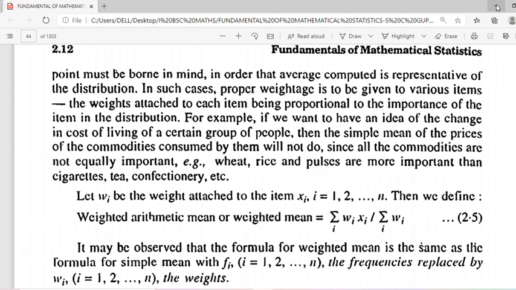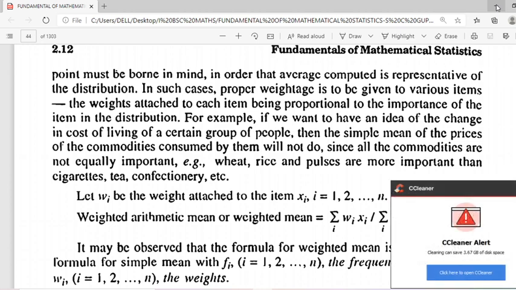When we calculate the index mark, we will assign extra weight for mathematics or statistics. That is a good example of calculating different measures by assigning weights. So in this section we are discussing the weighted arithmetic mean.